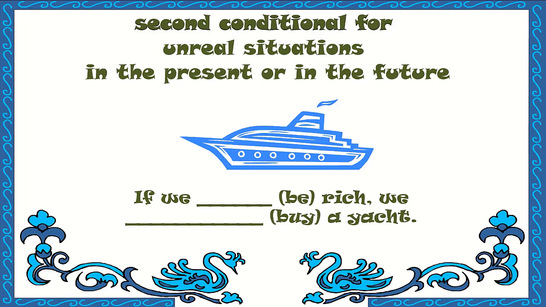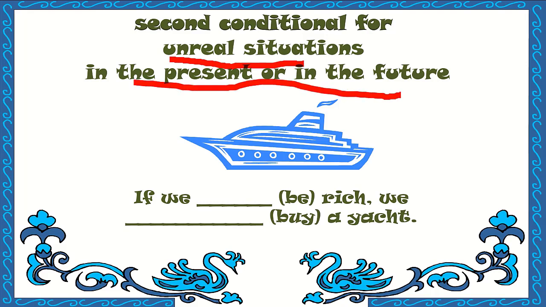Okay, here for the second conditional, I have just added a lot of slides for you to practice. If we were rich, we would buy a yacht. We're not rich, but it's, as I have written here, an unreal situation in the present or in the future. I'm just imagining.